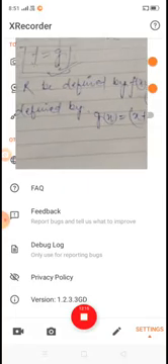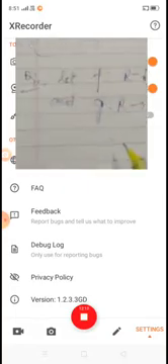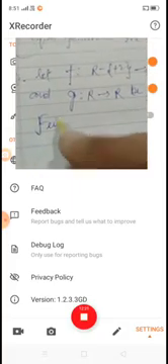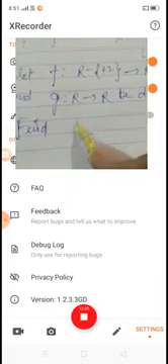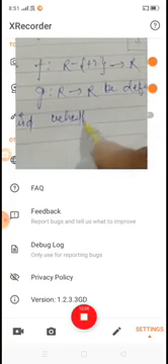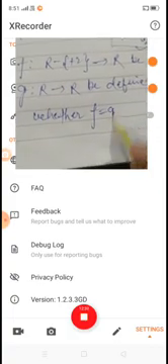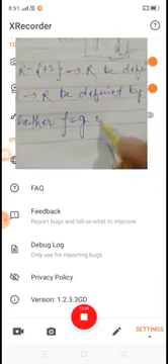Find whether f is equal to g or not. Your question is to find whether f is equal to g or not.